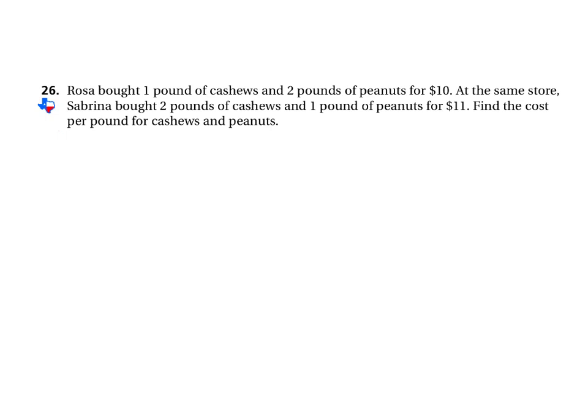To start this off, you would use a system of linear equations. So you know that 1 pound of cashews, so just C because 1C, plus 2 pounds of peanuts, so 2P, equals $10.